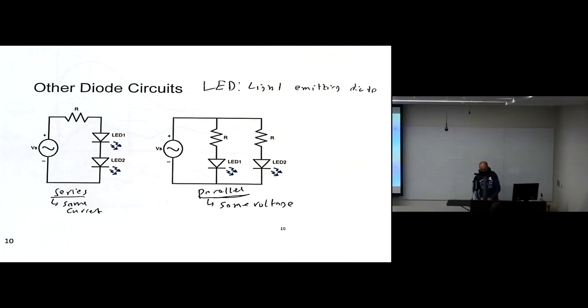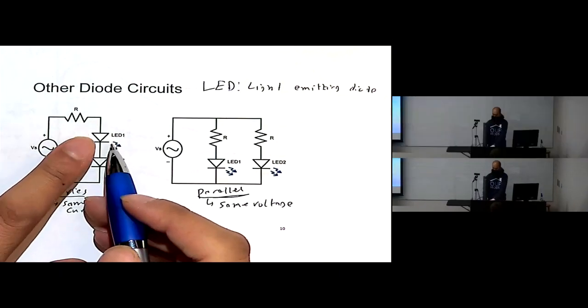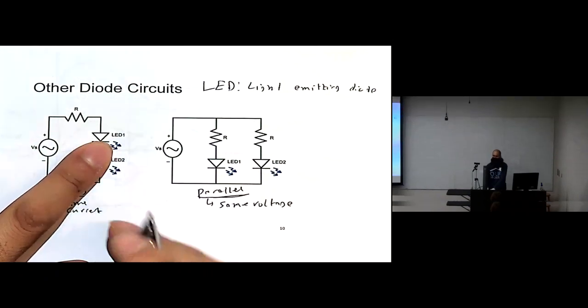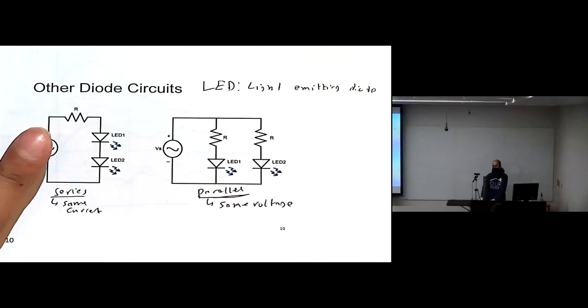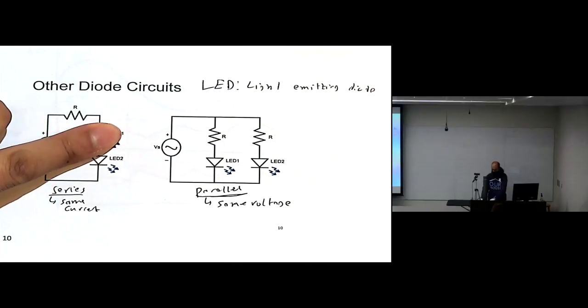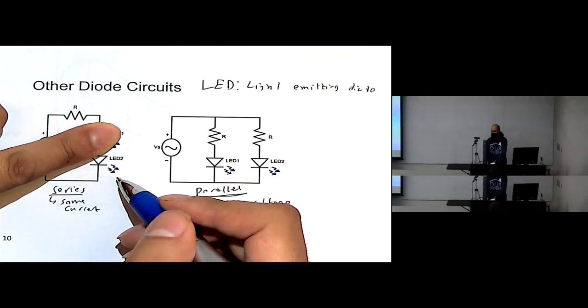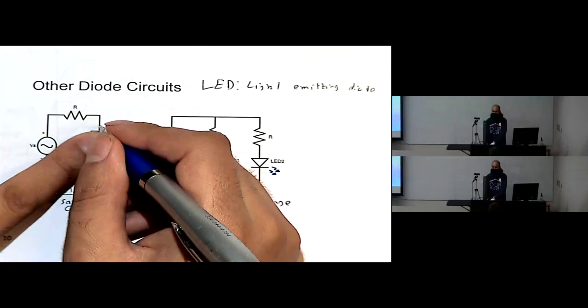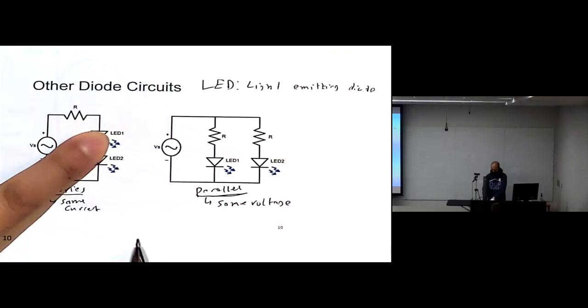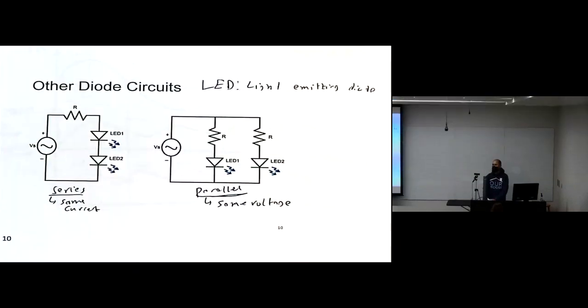Right. If I'm in series, let me assume that LED number 1 for some reason malfunctions or burns out. This will affect LED number 2 and the other connections. So the current will not flow. If the current will not flow, all of the diodes connected in series will be turned off.